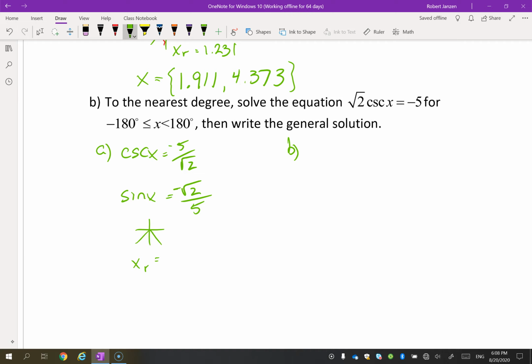So we've got to do that over again. So 14 degrees.